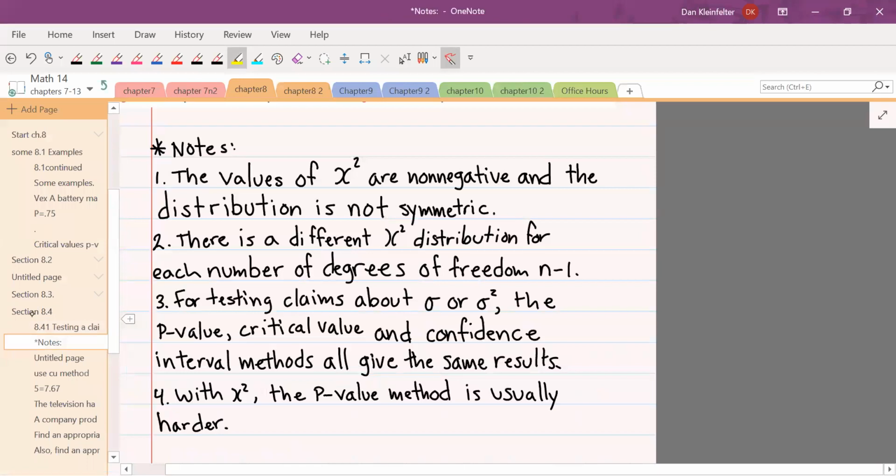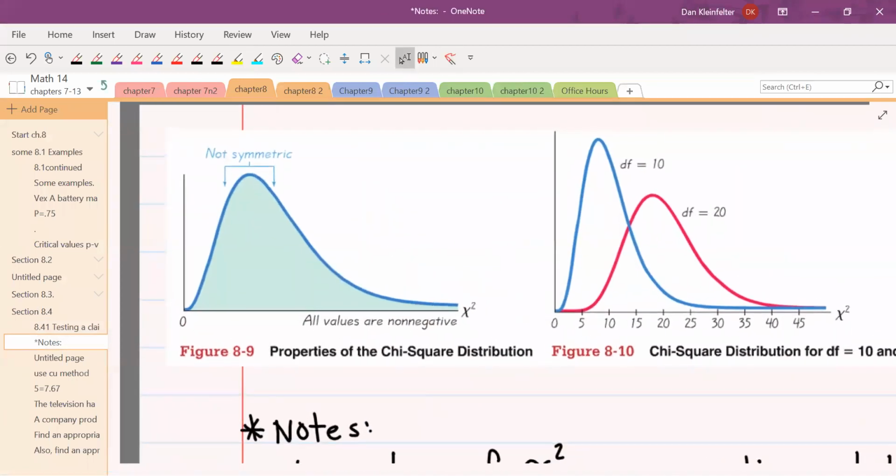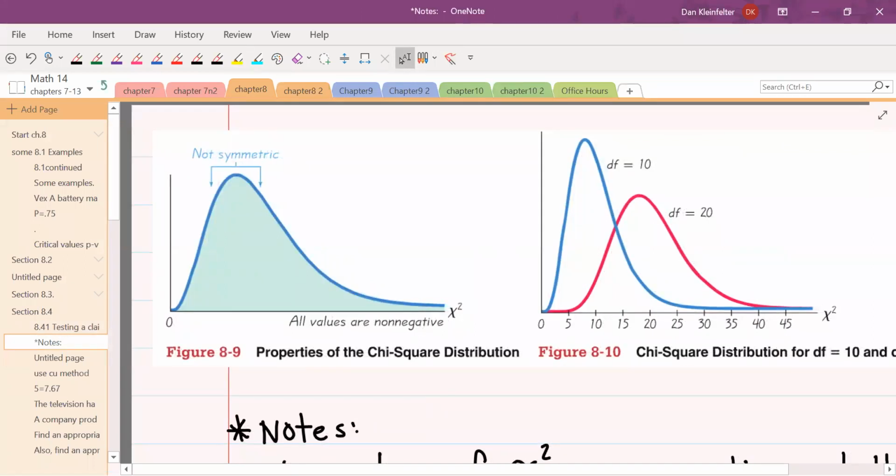A couple of comments regarding the chi-squared distribution. Remember that the chi-squared distribution, unlike the normal distribution, isn't centered at 0. The normal distribution and t-distribution are both centered at 0, and so we end up with positive and negative z or t values. For the chi-squared distribution, the values are all positive, so it's 0 at the left end of the distribution, and all the values are positive.